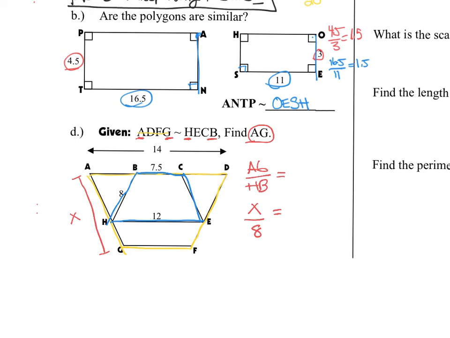The other side that's given to us in the larger figure is the side AD, this side up here. And if we look at AD to HE, HE is located right here. So our AD was 14, and the HE is 12.